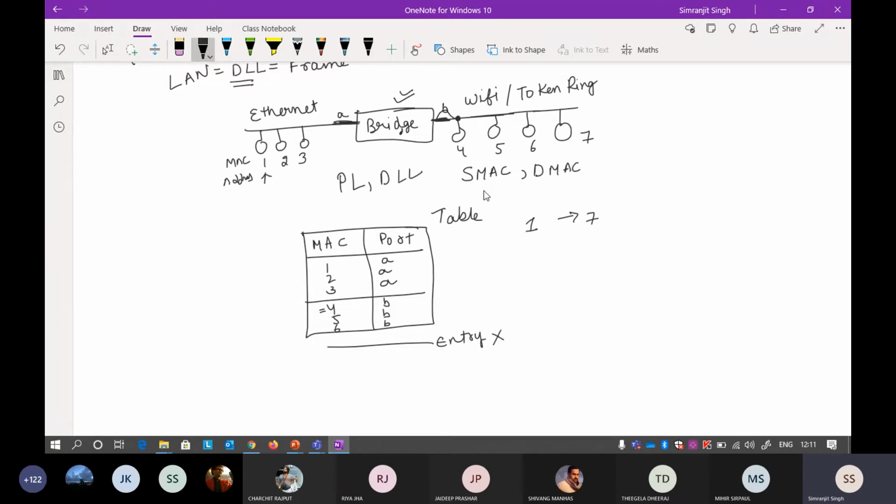Previously, when the bridge was initially invented, you had to do something called a manual entry. If any new device was connected or disconnected, you had to go through the table of the bridge and include a new entry or delete an entry inside the table. In the starting there was a manual entry, but after that two variants of bridge were invented.